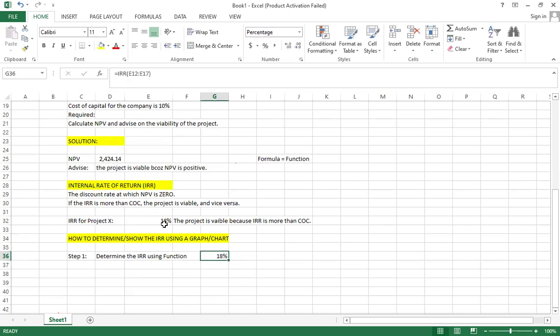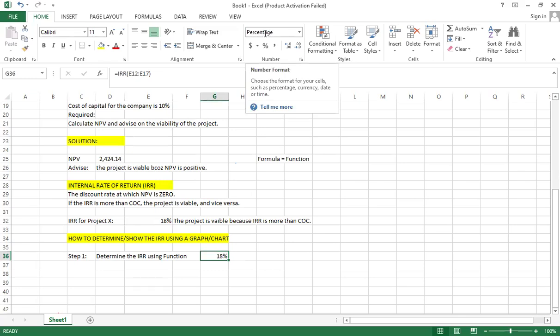We already determined this. And by the way, always remember that this 18% may not necessarily be exactly 18%. Actually, I can assure you that this is not 18%, because Excel is programmed in a manner that it will round off this figure. So what is the exact percentage? To know it, highlight this 18. Then up here, can you see this percentage part?